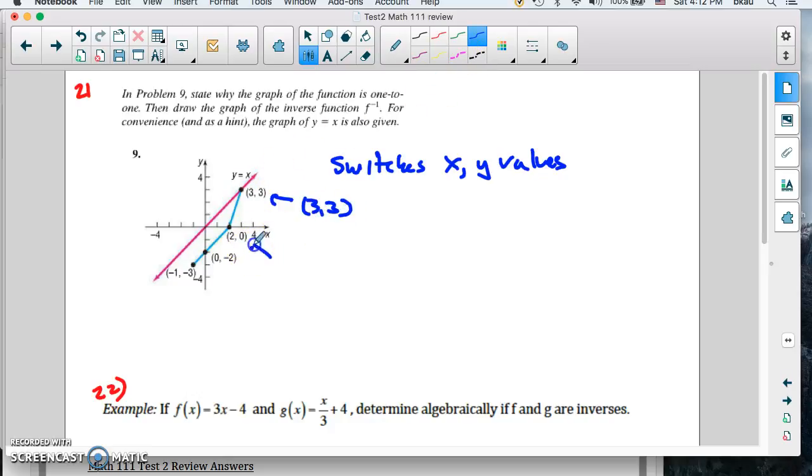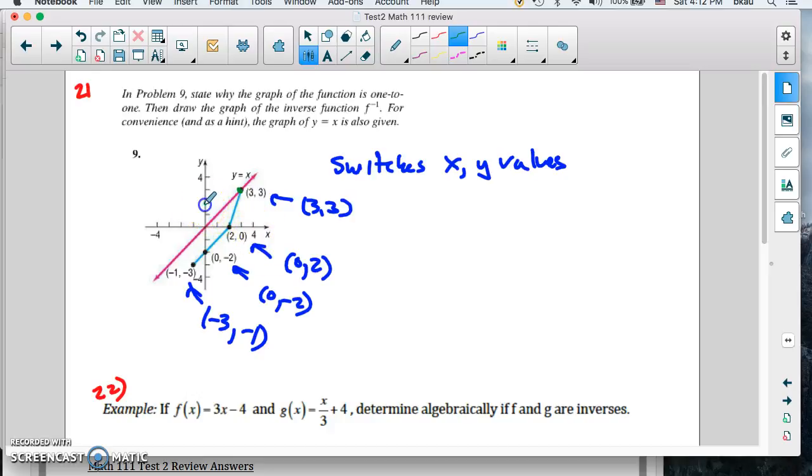When we change this one, it's going to be (0, 2). When we change this one, it's going to be (0, -2). When we change this graph, it's going to be (-3, -1). So to graph the inverse function, we just need to change the values by switching the x and y's.